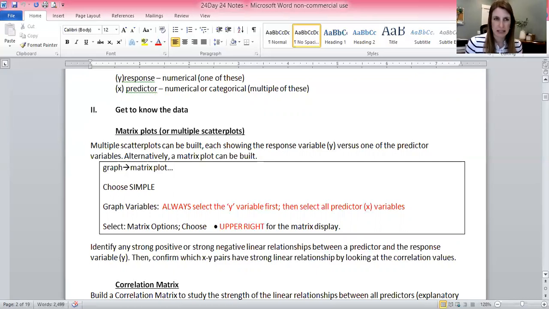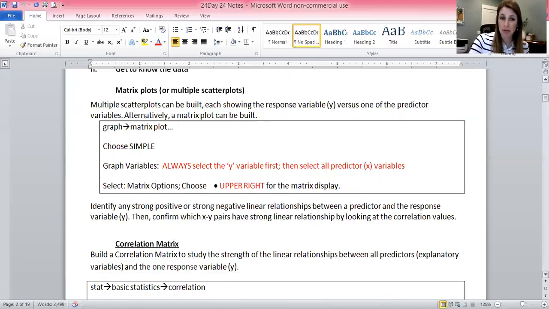When we're looking at simple linear regression, the scatter plot really helps us see if there's some sort of linear relationship between x and y. This does the same thing. It's just that I have a whole bunch of them because I'm going to have a bunch of different x predictors. I might have two, but it's just multiple, more than one. So that's what that's all about.